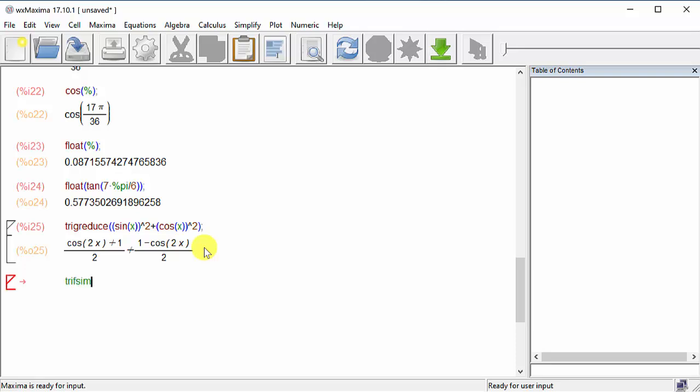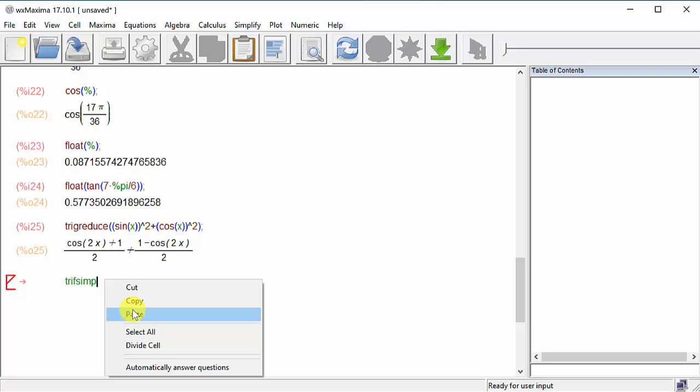So let's do trig simp and see what this does. I've already typed it in one time. What if we select all that, copy, and paste right here? Well, it's not letting me paste it.